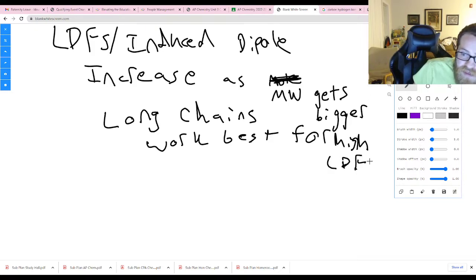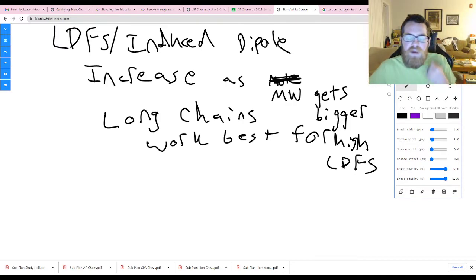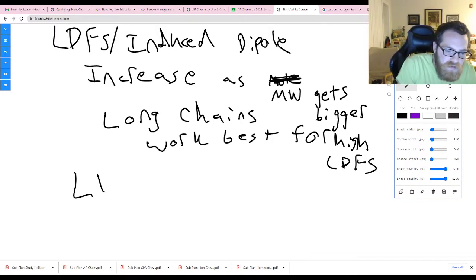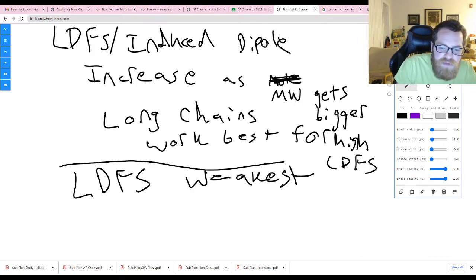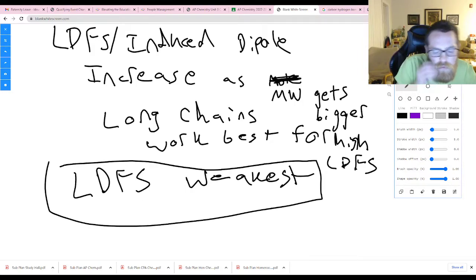But if everything else is the same, if you're talking about a molecule of the same size, and you're just changing 1 or 2 things, then LDFs, or induced dipoles, are the weakest. But keep that in mind. That is assuming everything else is the same.